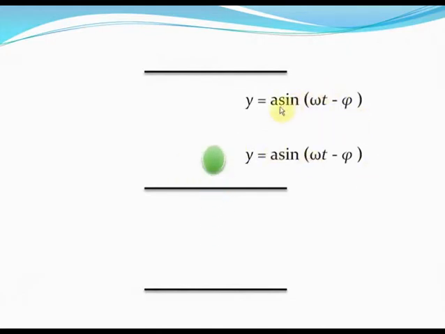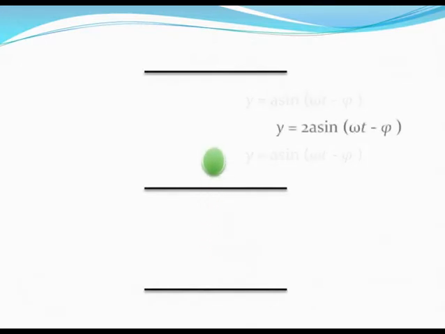If these two waves are traveling in the medium, then according to the principle of superposition, the final resultant wave will be y equal to 2a sine(omega t minus phi). That is the sum of the two waves. And the medium particle will be displaced like this by double the amplitude by the resultant wave.